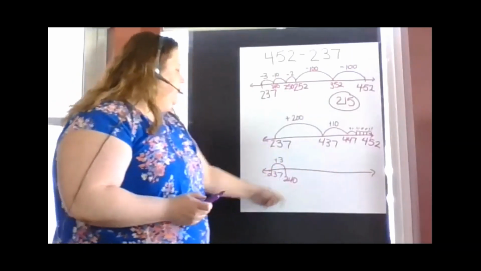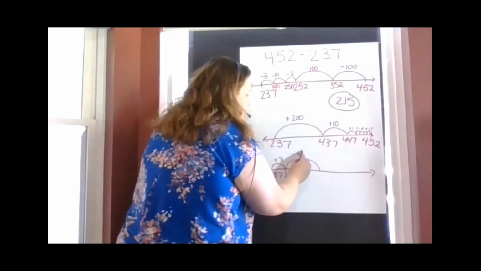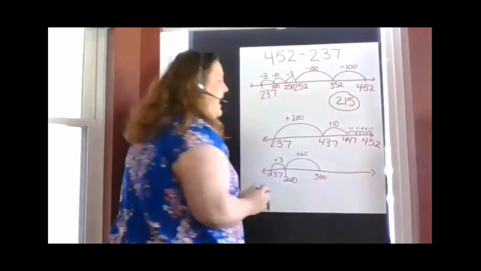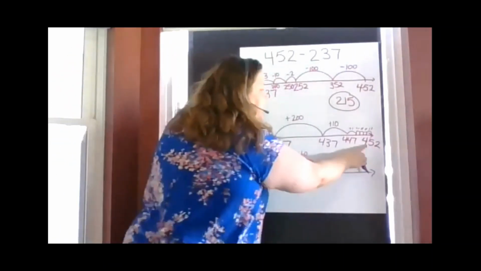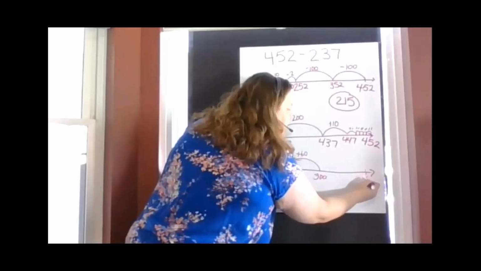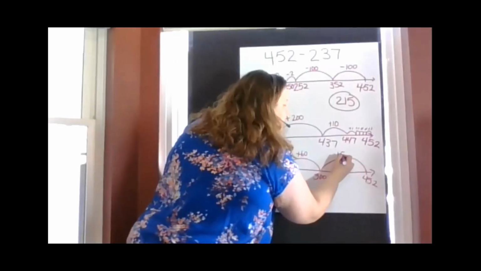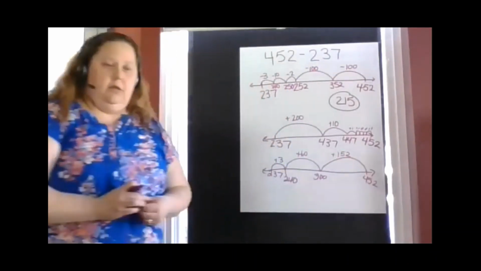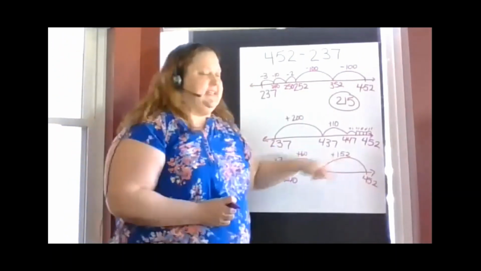Maybe I know 240 plus 60 is 300. And then I might know that 300 plus 152 is that distance to get me to 452. I can now add these up.